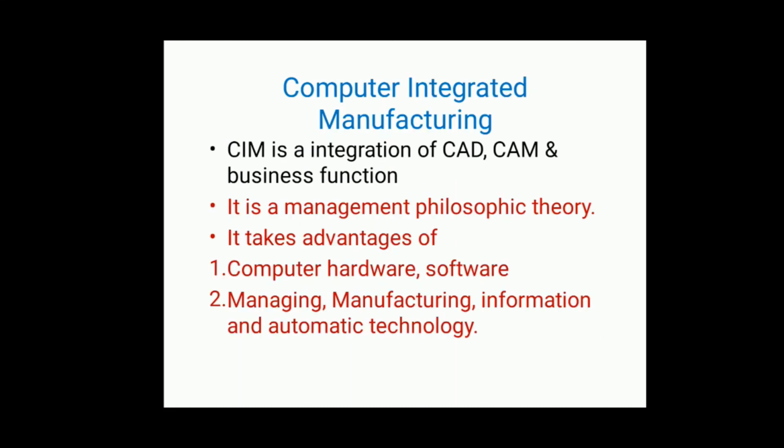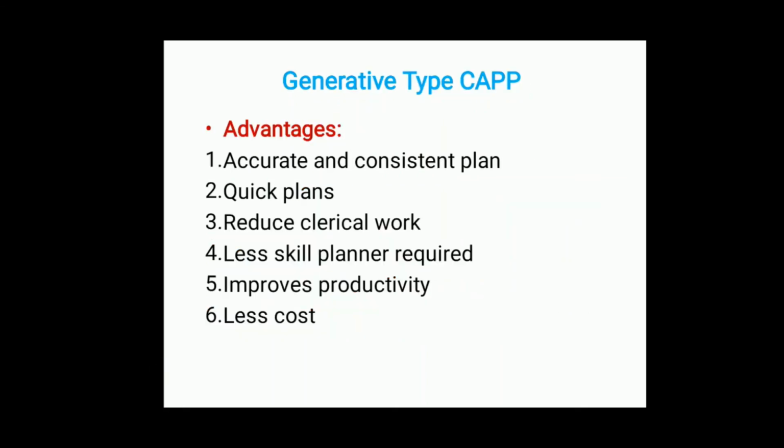Before going to the next part, let's see what the advantages of computer aided process planning are. By using CAPP, which has two types, variant and generative, it will generate an accurate and consistent process plan compared to manual process planning. It will generate process plans more quickly, hence lesser lead time.